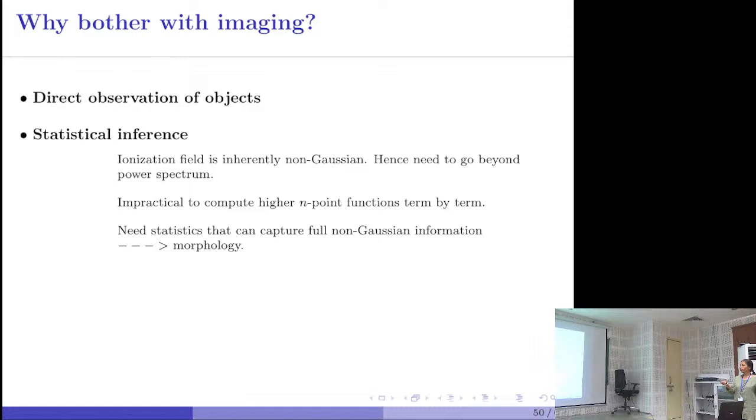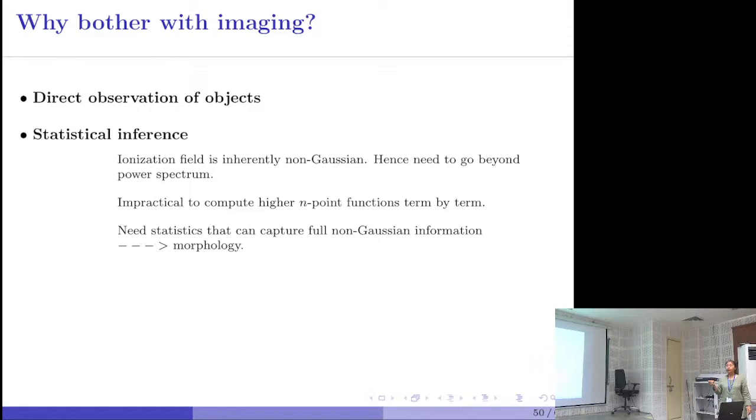And of course, you might have seen papers which go beyond the 2-point function. People like Somnath have also done the 3-point function. There are papers which look at 4-point functions. So one can calculate the higher order moments term by term.